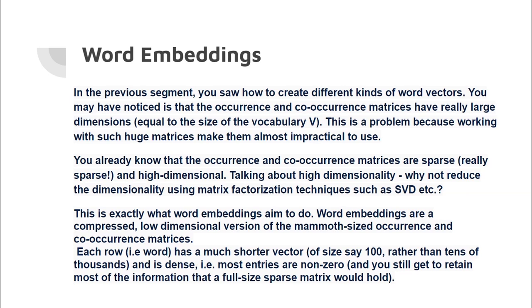Throughout this segment, you might have noticed that the matrices we create, be it the occurrence matrix or the co-occurrence matrix, have a major drawback, which is their size. Suppose we create an occurrence matrix with 10,000 documents; there will be 10,000 context columns.